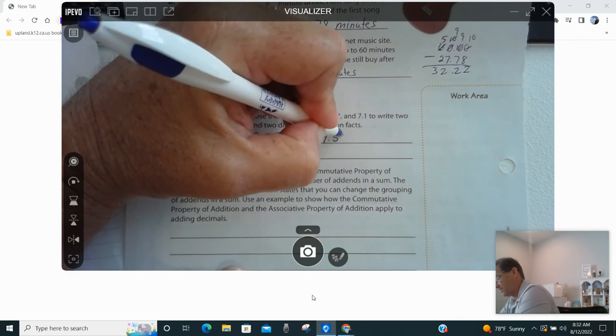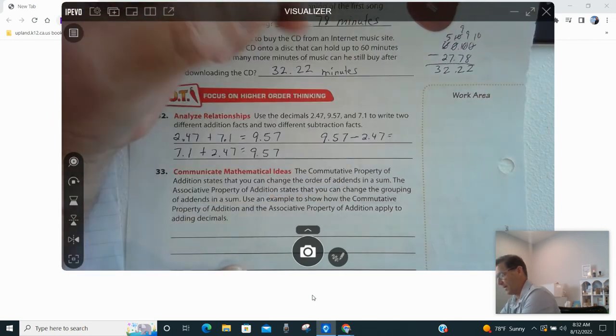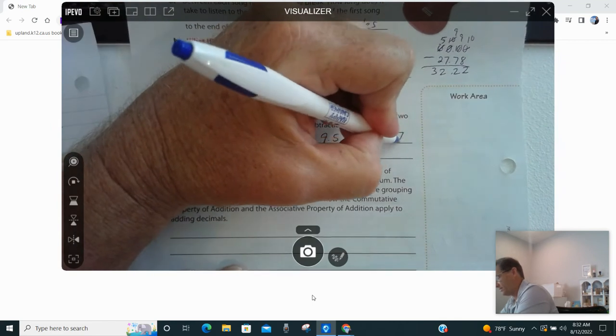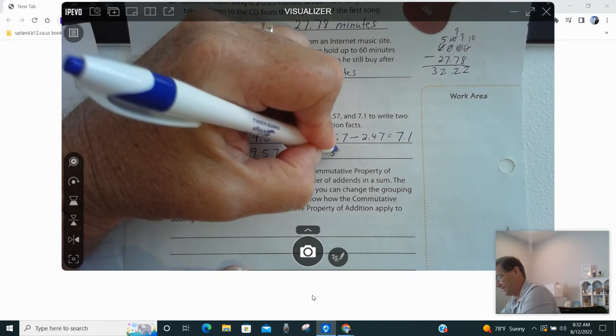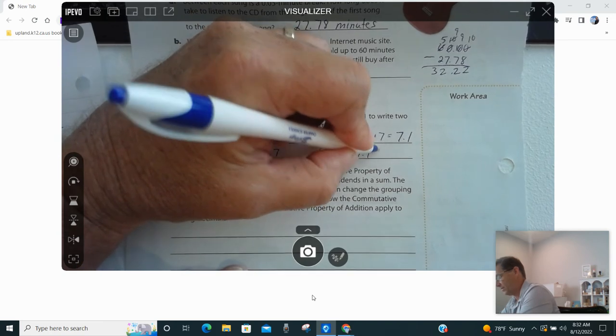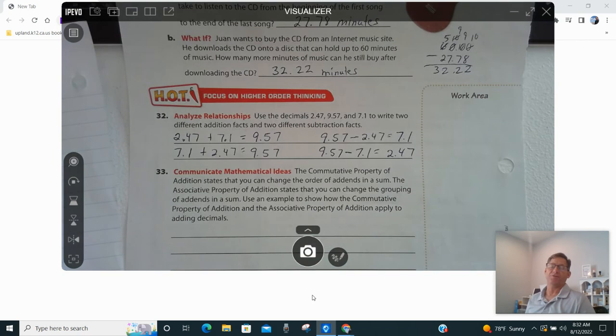Subtraction facts could be 9 and 57/100 minus 2 and 47 hundredths equals 7 and 1/10, or 9 and 57 hundredths minus 7 and 1/10 equals 2 and 47 hundredths.